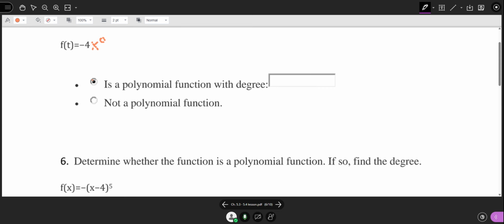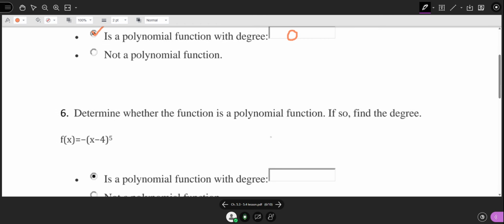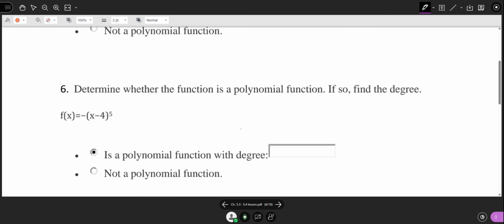So this is, and it is a degree 0. Now, this is an x in here, so that's good. And that's a whole number. So this is true. And the highest number is 5.